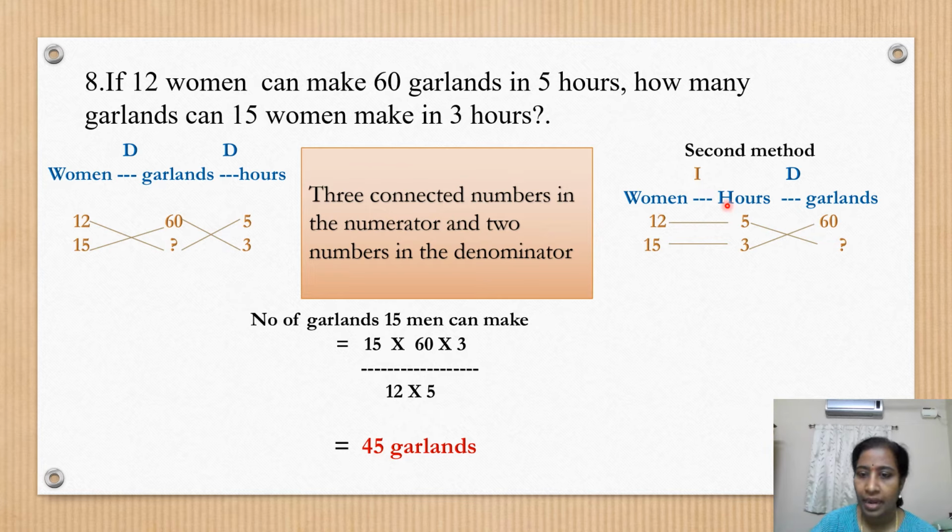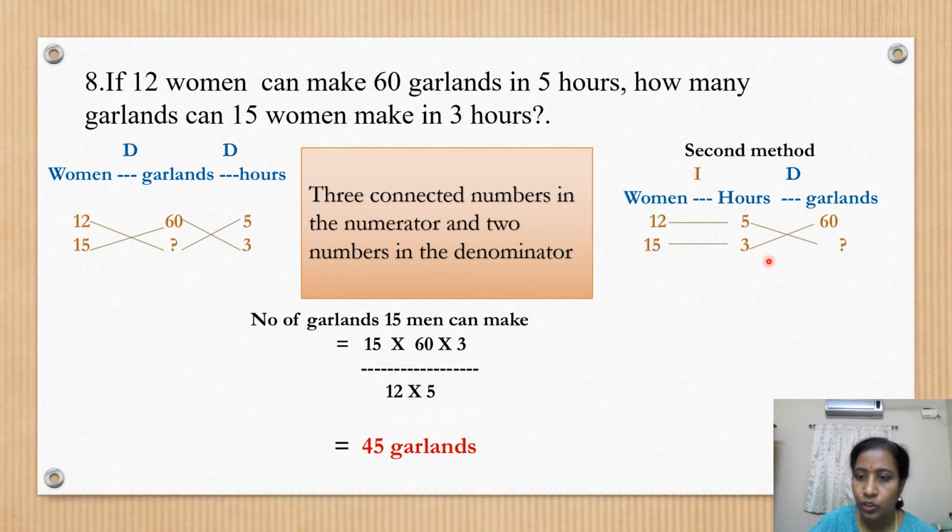Now, taking women and time, more women, less time. Less women, more time. So this is inverse. So I just put two straight lines here. Time and garlands, more time, more garlands, less time, less garlands. So it is direct. I put an X here.